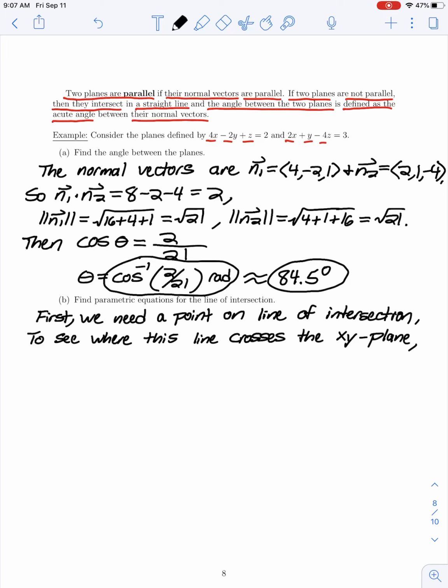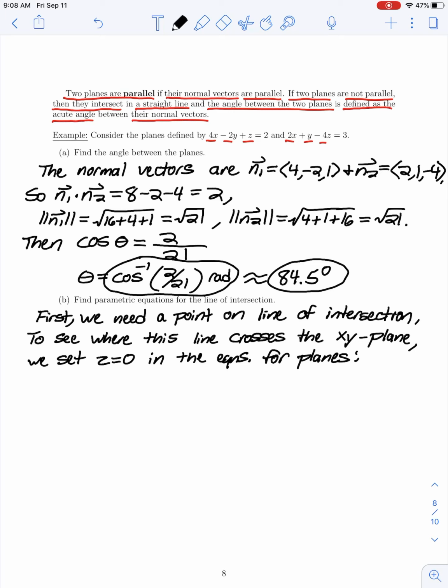Now the xy plane is the plane defined by z equals 0. For any point in the xy plane, the z coordinate must be 0. So to see where this line, which lies in both planes, crosses the xy plane, we can set z equal to 0 in the equations for these planes.